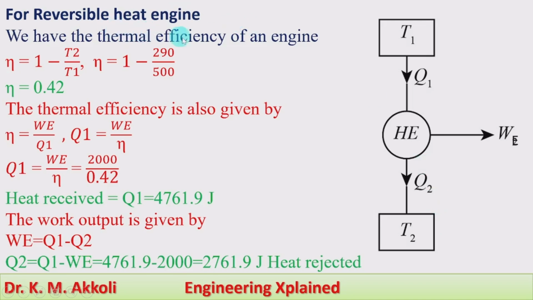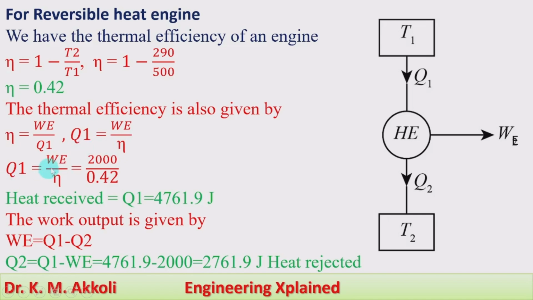And for this reversible heat engine, we have the thermal efficiency of engine as eta equal to 1 minus T2 by T1. That is eta equal to 1 minus 290 by 500. The values T2 and T1 we can substitute, and here the eta we can write as 0.42. The thermal efficiency is also given by eta equal to We by Q1, so Q1 equal to We by eta.